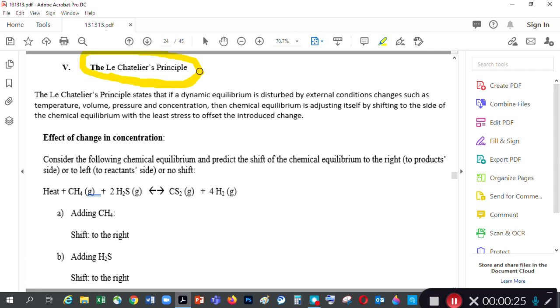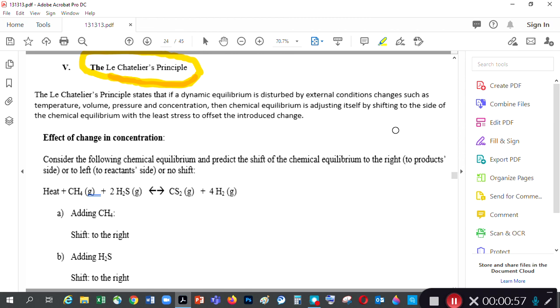And what it's all about is, in a dynamic equilibrium, chemical equilibrium, if there is an external condition acting on the dynamic chemical equilibrium, the equilibrium will adjust itself by shifting to the side to offset this introduced external condition.